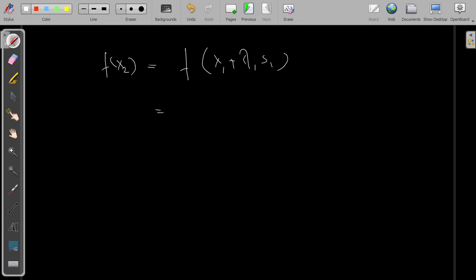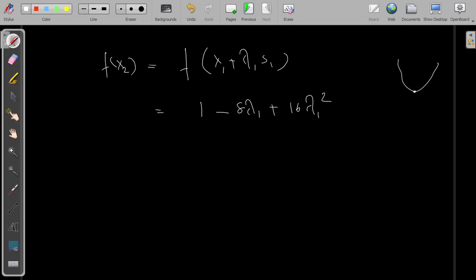Then you reduce, and you will get 1 minus 8 lambda 1 plus 16 lambda 1 squared. So this is again a quadratic function, and you can find the minimum point.